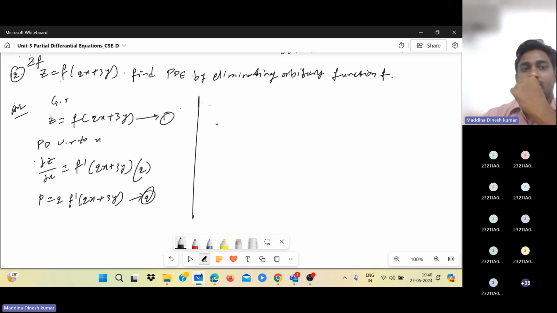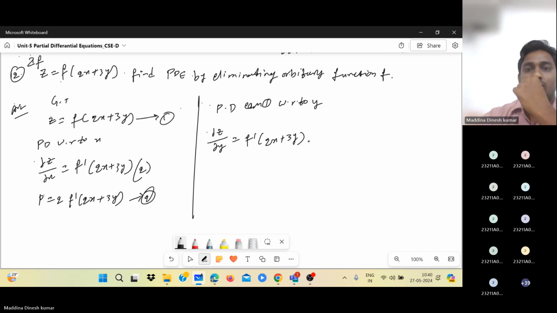Now partially differentiate equation 1 with respect to y. Then you will get ∂z/∂y equals f dash of 2x plus 3y.